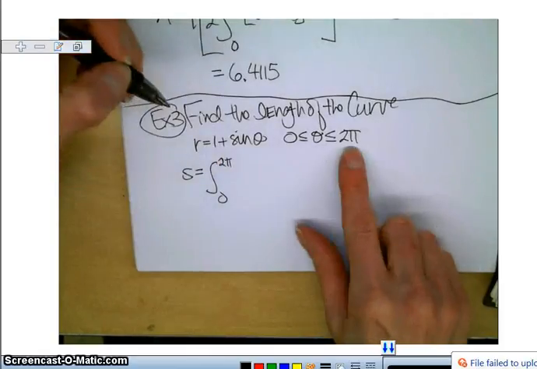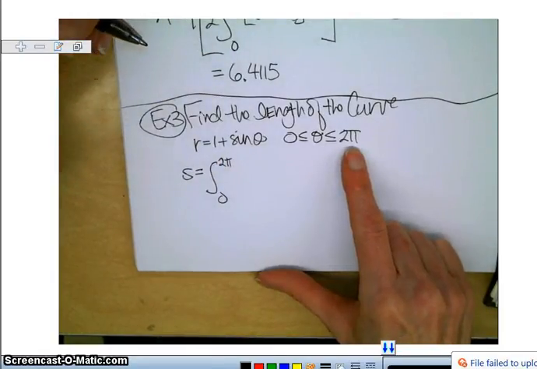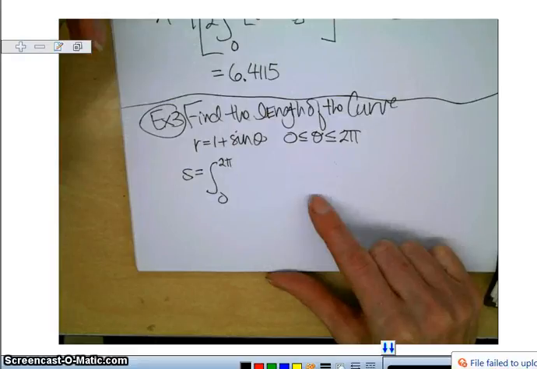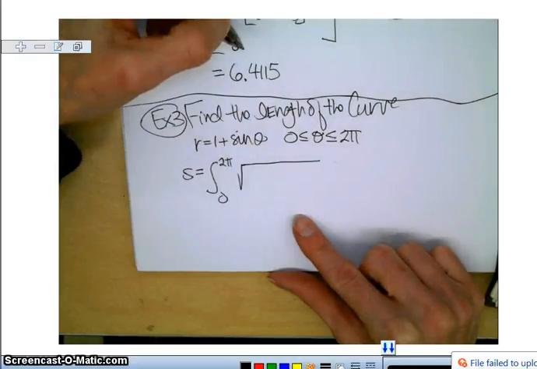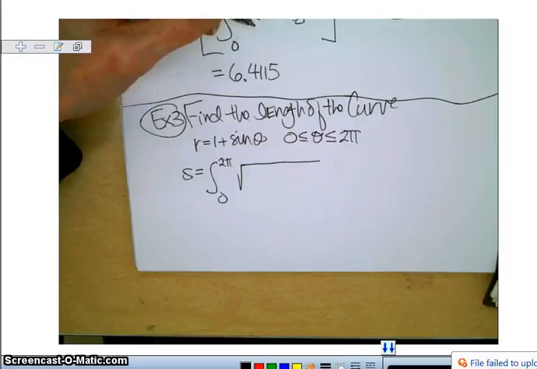There's the interval they want us to find. How long is this curve if you graph it? All from 0 to 2 pi. And then we need to take the square root of the function squared.